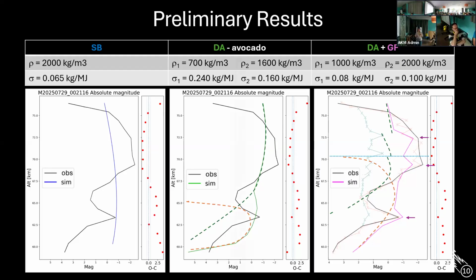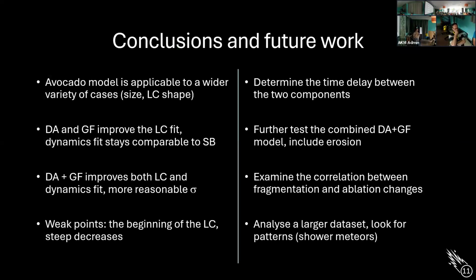So to just sum it all up, we tried different approaches to our meteoroid modeling. We tested two different differential ablation models and concluded that the avocado model is more suitable for our cases. We also tested a combined fragmentation and differential ablation model, which seems to improve our results.